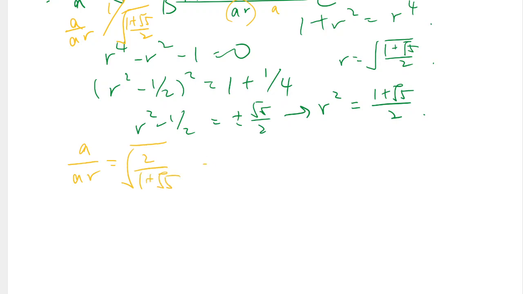We could rationalize the inside, so this becomes 1 minus root 5 over 1 minus 5. The 2 cancels with the 4 down there, and the negative 4 swaps the sign of the bracket. So that's the square root of root 5 minus 1 divided by 2.